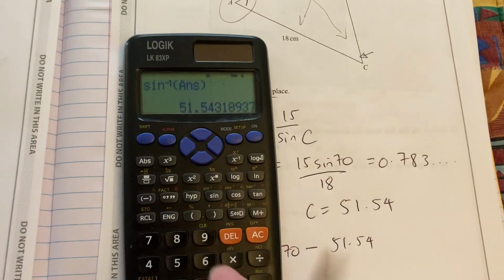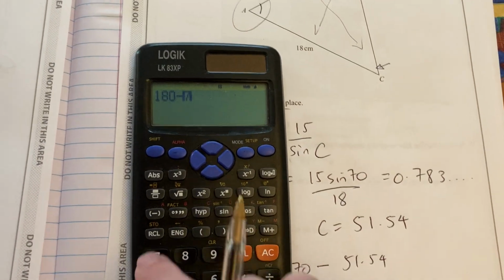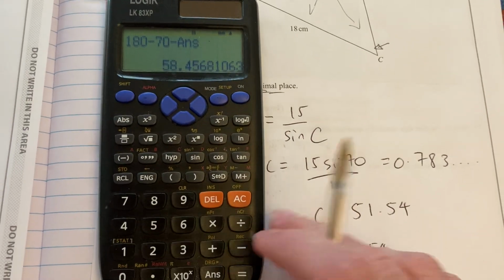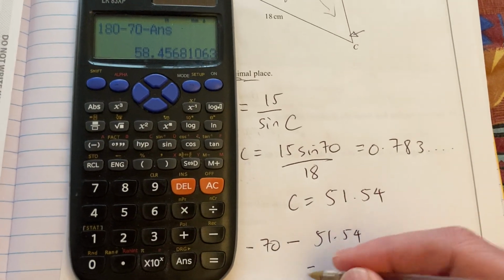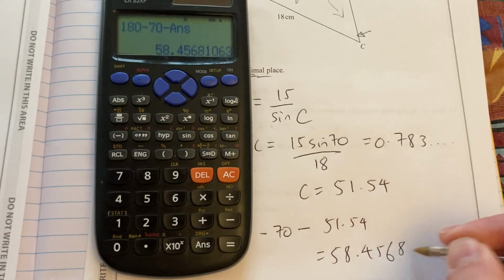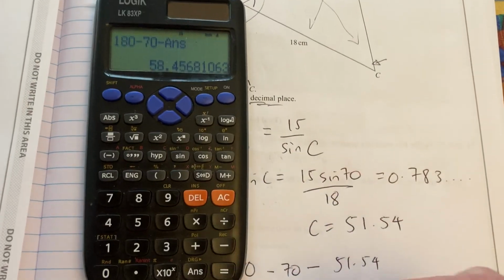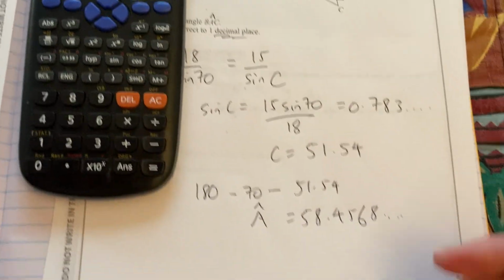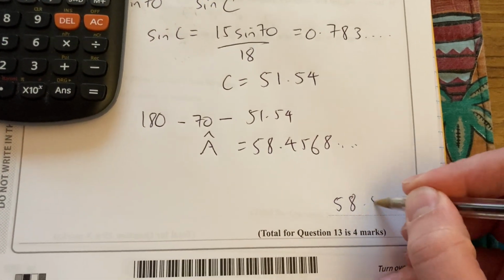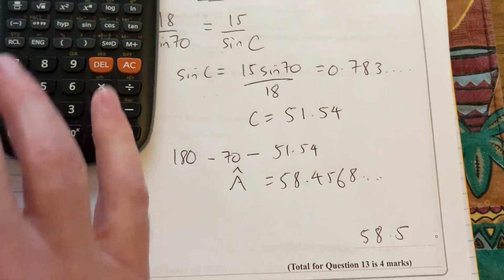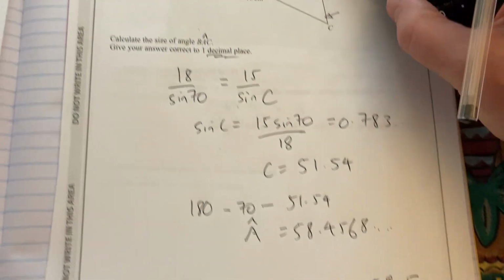So I put that into a calculator, 180 minus 70 minus the answer, and I get 58.4568, which I'm going to call angle A. We want it to one decimal place, 58.5. Okay, that should get us the 4 marks.